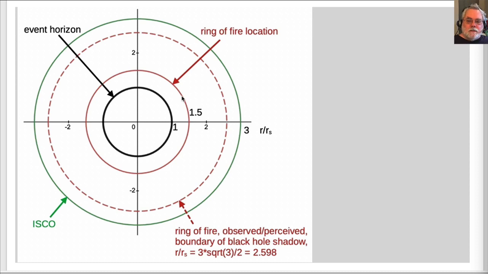When a photon escapes outward from the ring of fire, it does not abruptly change trajectory. The trajectory spirals outward. So if the photon was escaping here, it would spiral outward.